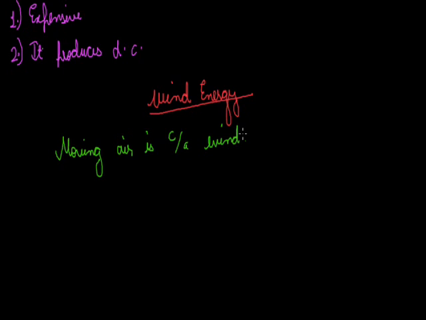In this way, air flows from high pressure to low pressure regions of the earth. This flow of air from one place to another due to difference in pressure causes the movement of air, and this movement of air is known as wind.